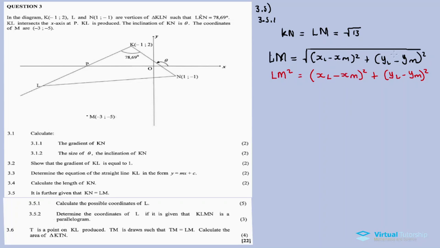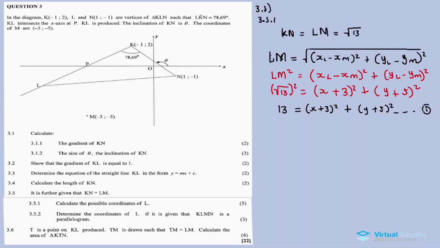So remove the square root by squaring both sides, then you substitute again. So square root of 13 squared is equal to this. So we get 13 equal to x plus 3 squared plus y plus 5 squared. Let us call this equation 1.